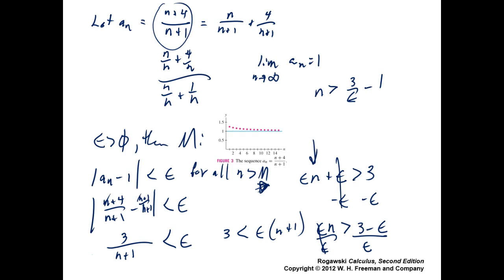So epsilon is still a positive number, and that would be 1/1,000. 3 divided by 1 over 1,000 is 3 times 1,000, which is 3,000, minus 1 is 2,999. Any n greater than that, you're guaranteed to be within epsilon.